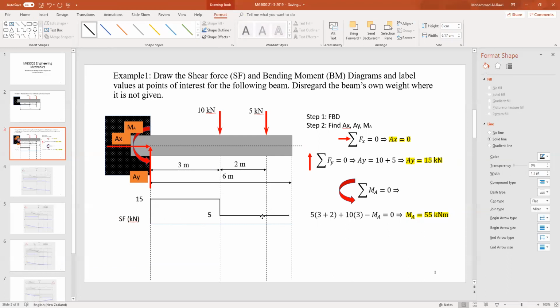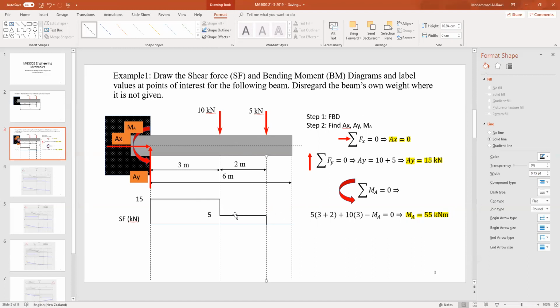And then I continue as well with a straight line. There is no force acting along this distance, if you can see, till I reach the 5 kilonewtons, and therefore I need to go down again because the direction of the arrow is indicating the force is downwards. So when I come here, that's when it's my 0.